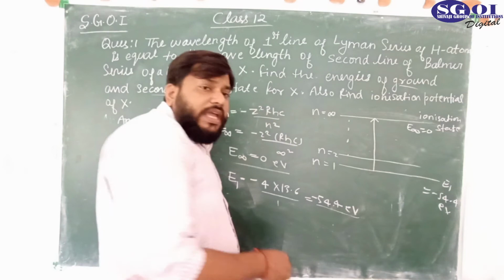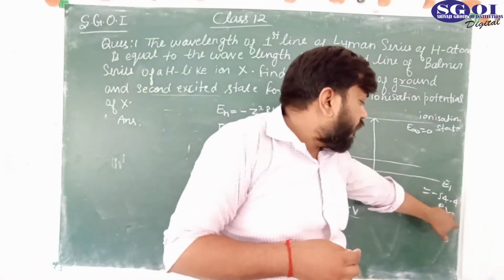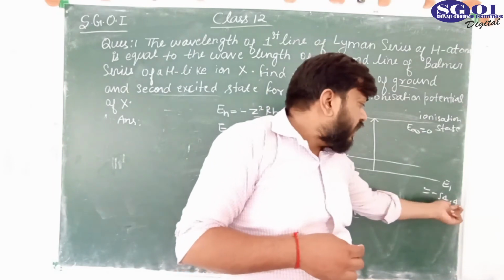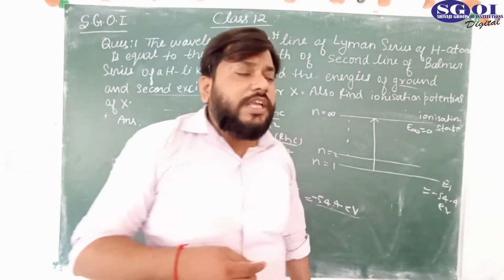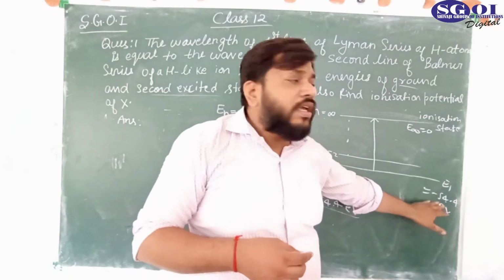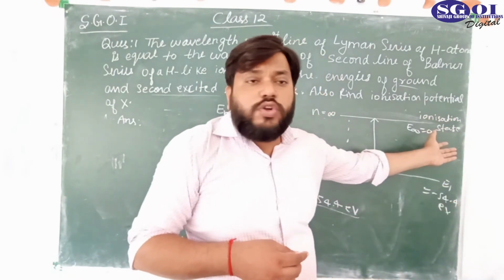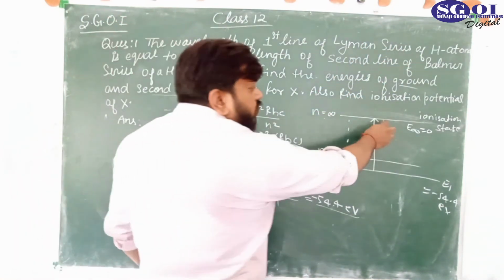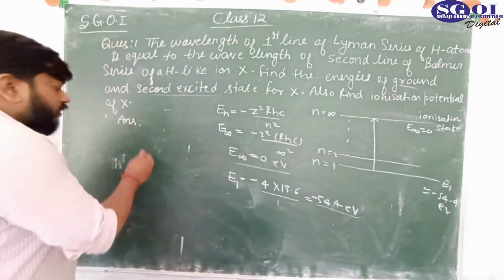So to take the energy from minus 54.4 electron volt to 0, we have to give the same amount of energy, 54.4, to the atom. That's why its energy would be 0, and it would lie in this state.